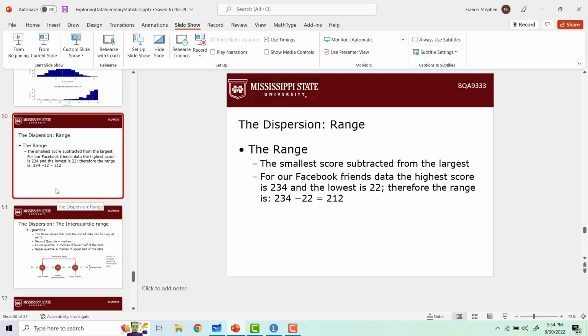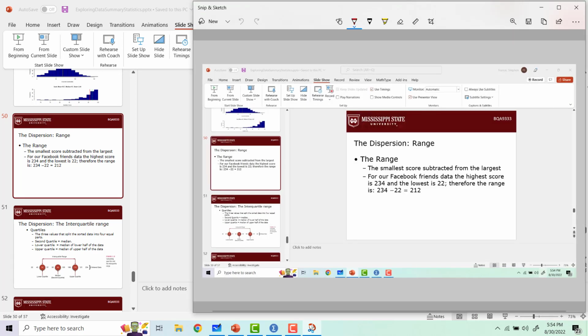The range is literally going to be, let me just have a little snip here, the maximum minus the minimum value. So say, for example, we have our Facebook data, I think, number of Facebook friends from before.